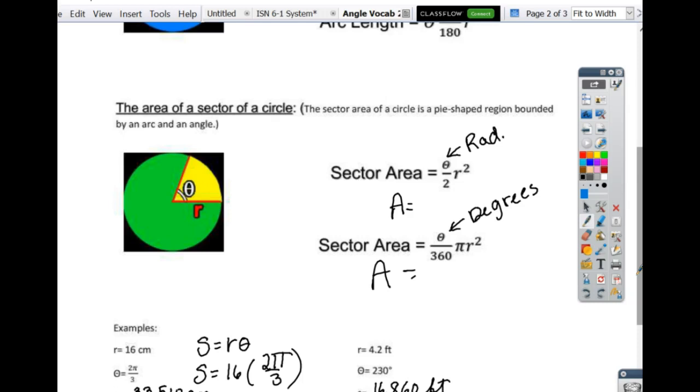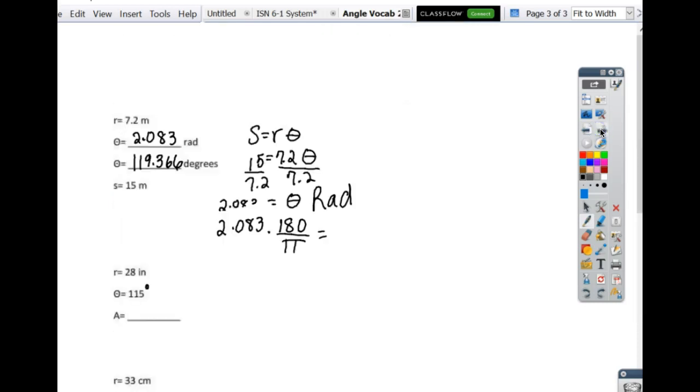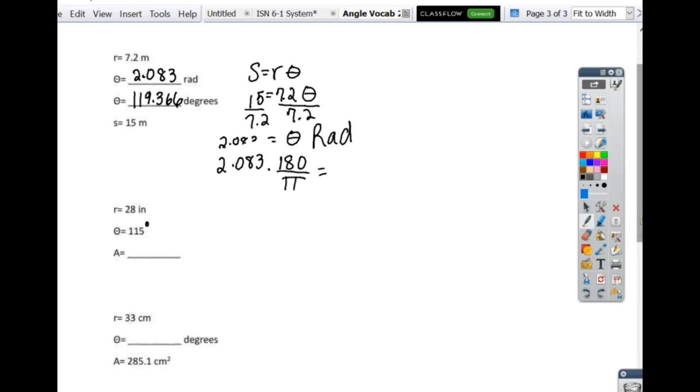We're going to use theta over 360 pi r squared. So theta is 115. Theta over 360, times pi, and then the radius is 28 squared. Yeah, I forgot the front part. I just did the problems.